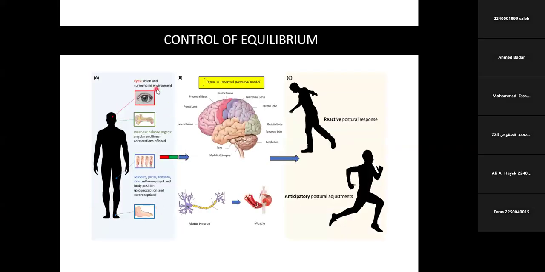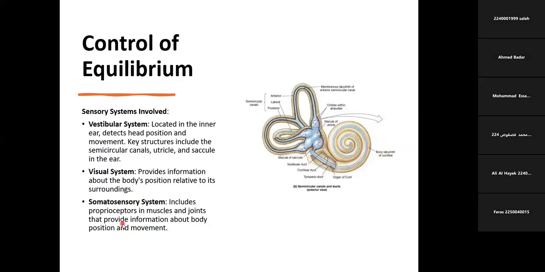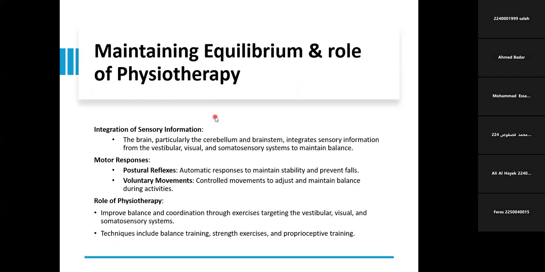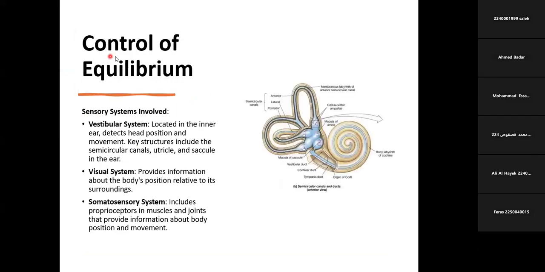We have explained one, visual, two, the vestibular apparatus in the ear, and three, the somatosensory. This is part A, which we explained in this slide. Finally, there is integration of all this information coming from vestibular apparatus, visual system, and somatosensory system.